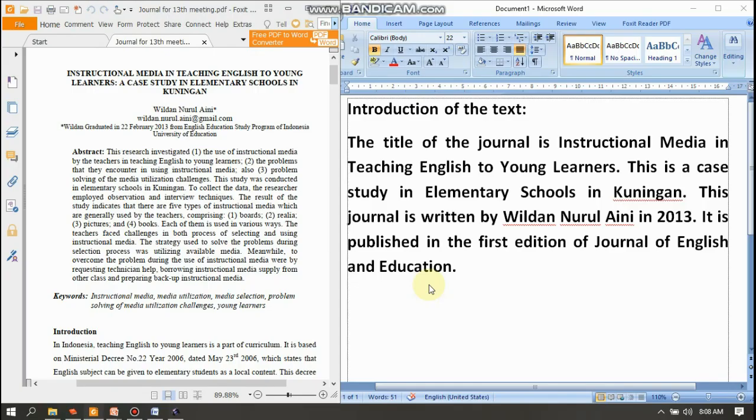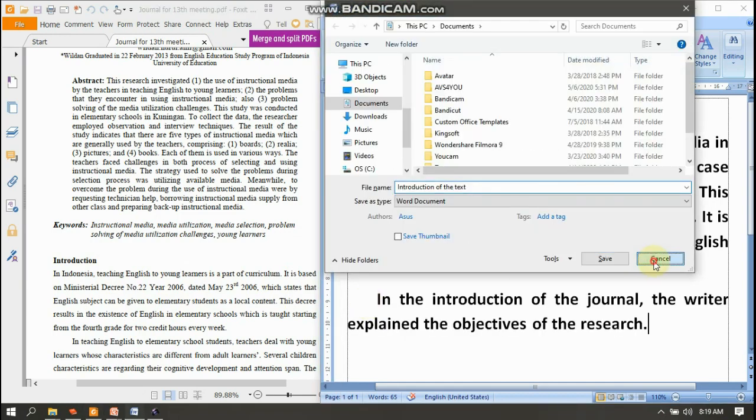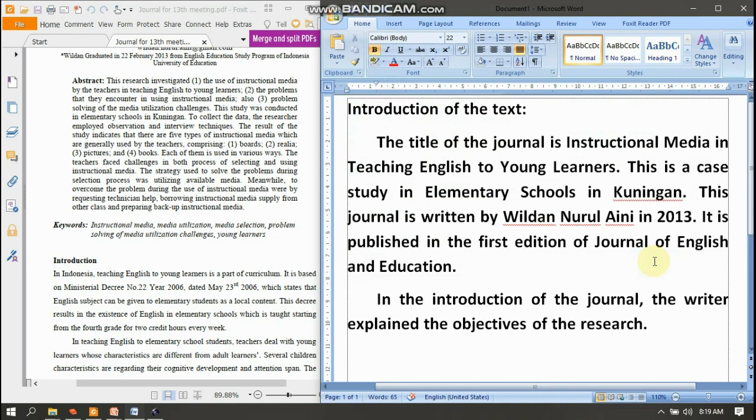If you think you still have some other information to write in this introduction paragraph, you can add some sentences. If not, then let's just write the second paragraph. For the second paragraph, we have some options. The first one, we could refer to the subchapter, such as, in the introduction of the journal, the writer explained the objective of the research.